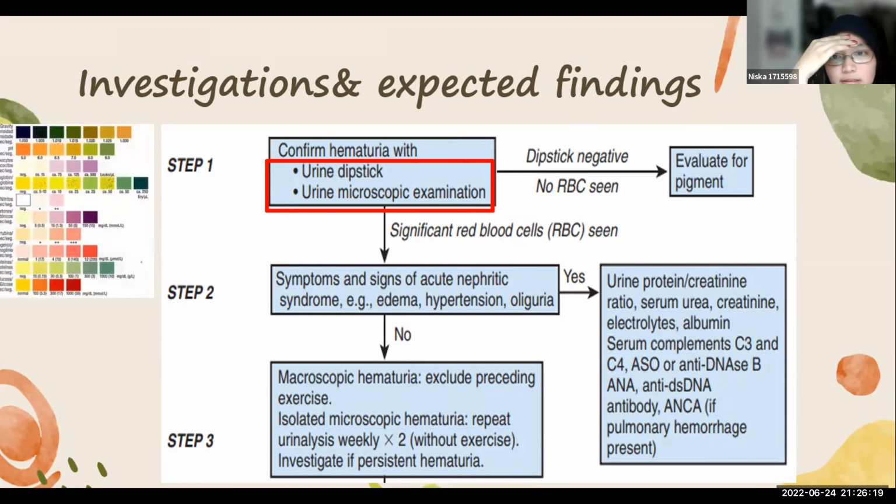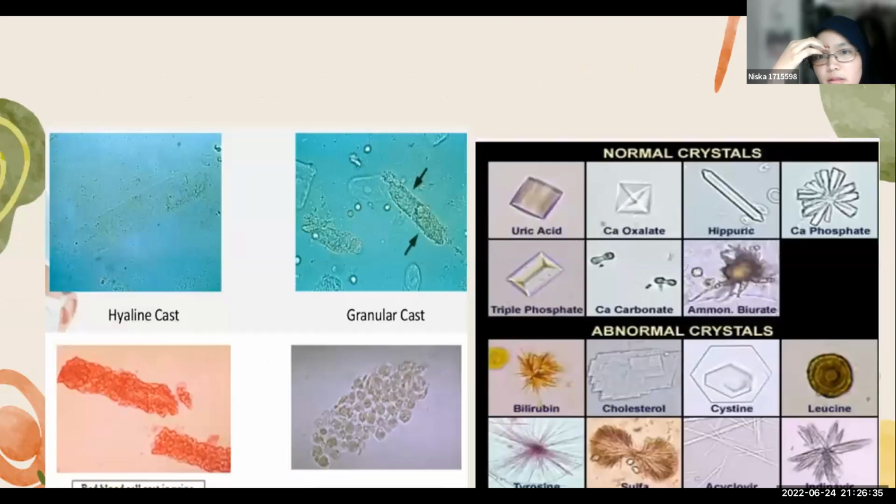And other investigation that we can do is the UFEME, urine full examination and microscopic examination, where we want to examine the urine under the microscope. Next slide. We want to know if there is red cell in the urine, there is cast, there is bad cell.